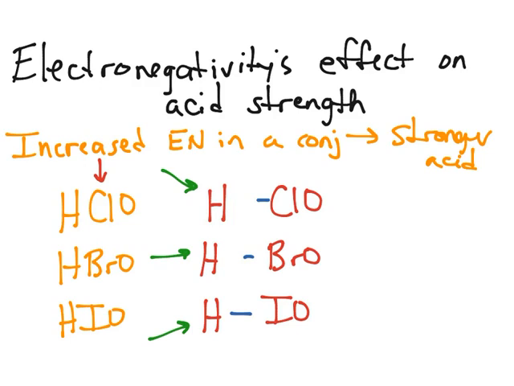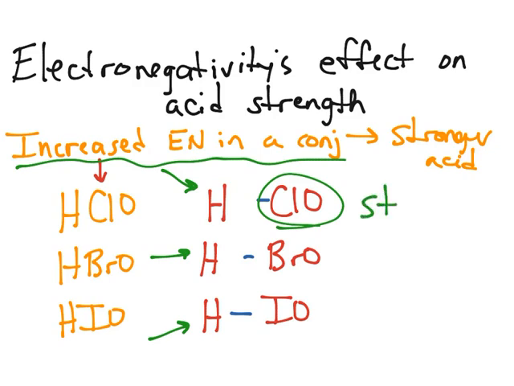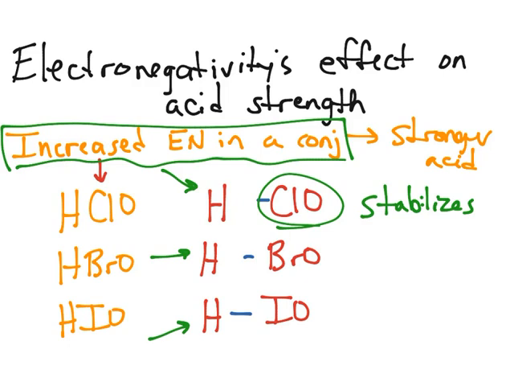So what happens here is this increased electronegativity within this conjugate stabilizes that conjugate, which leads to HClO being the strongest of these acids. So again, one more time, as the electronegativity increases within that conjugate, you should expect there to be a stronger acid present. And again, you don't really have to explain this to a deep, deep level, but you do need to know this relationship between these two.